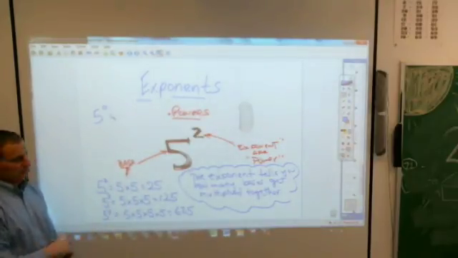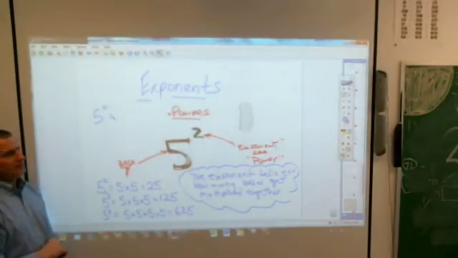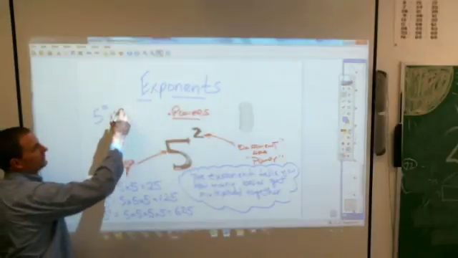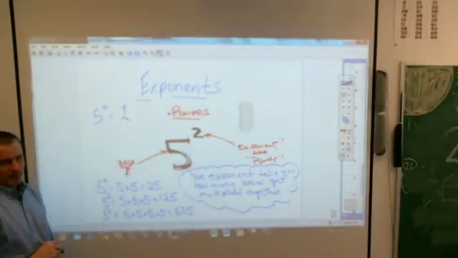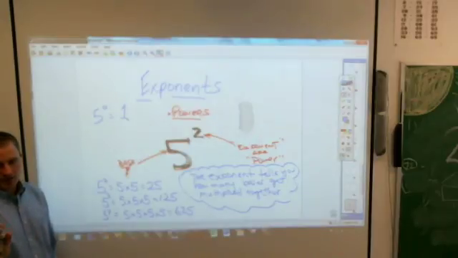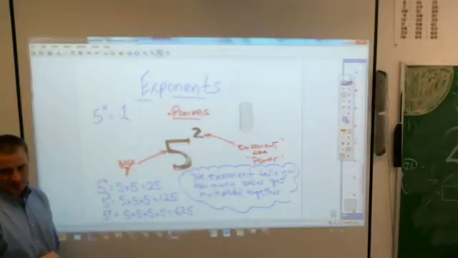Notice how these do keep going down. 5 to the 0 power is 1.